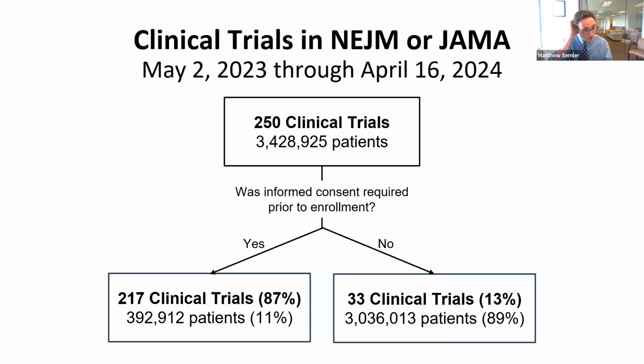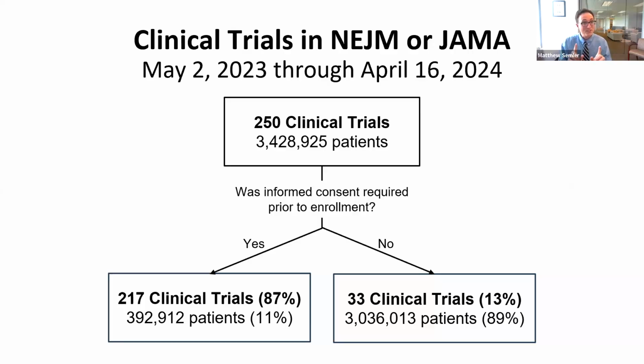Of those, there were 217, or 87%, for which written informed consent prior to enrollment was required. Those trials enrolled about 400,000 patients. There were 33 clinical trials, or 13% of all the 250 trials published in that time, where informed consent prior to enrollment was not required. Those trials enrolled more than 3 million patients.